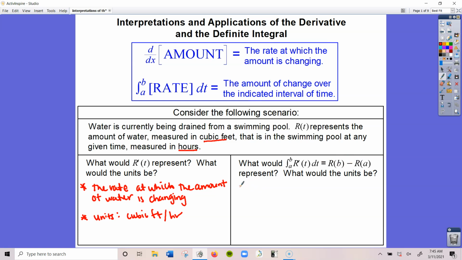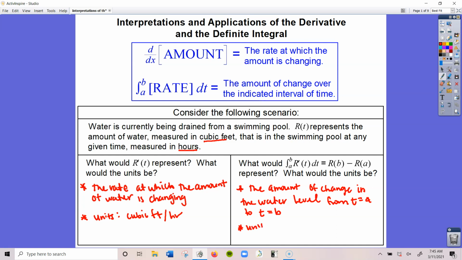So what you're getting here is the amount of change in the water level from t equals a to t equals b. Since this represents just an amount, it's not over hours. This would just be cubic feet, because that's the amount of change in water level.